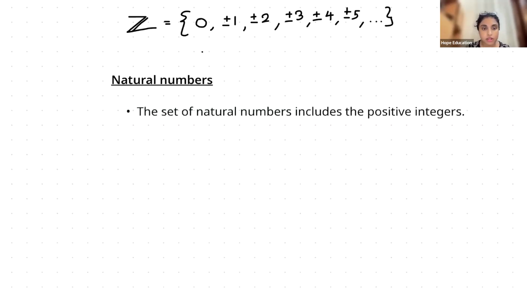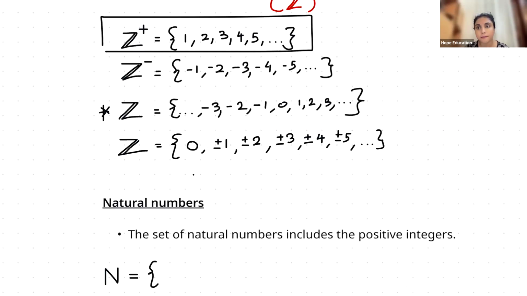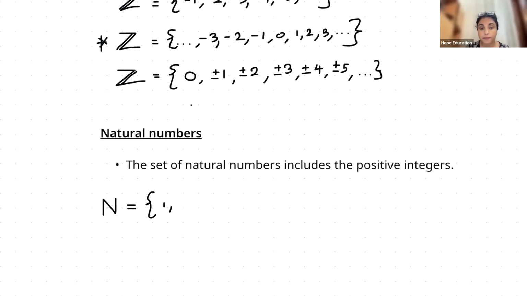The symbol for natural numbers is capital N. If we represent it as a set, this is the set of positive integers, and natural numbers is the same thing: 1, 2, 3, 4, 5, 6, and so on. So that is natural numbers. Okay, quickly write that.